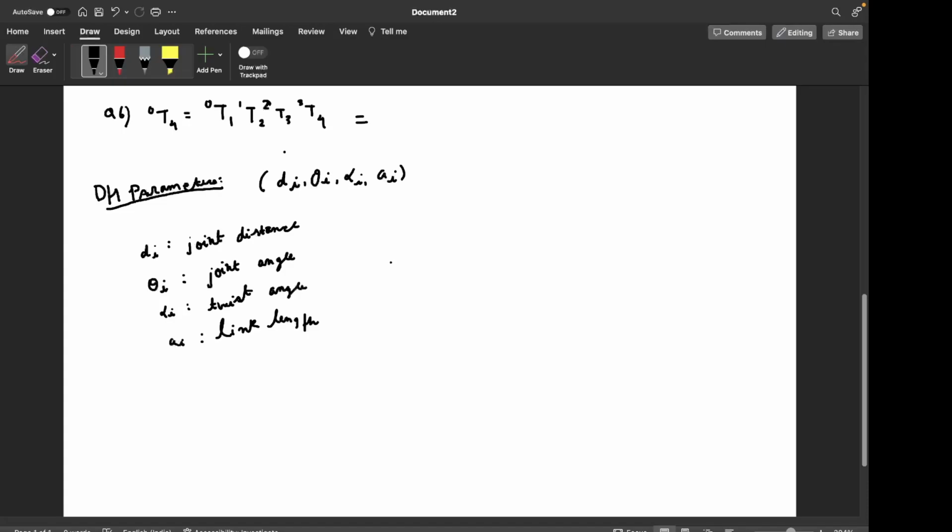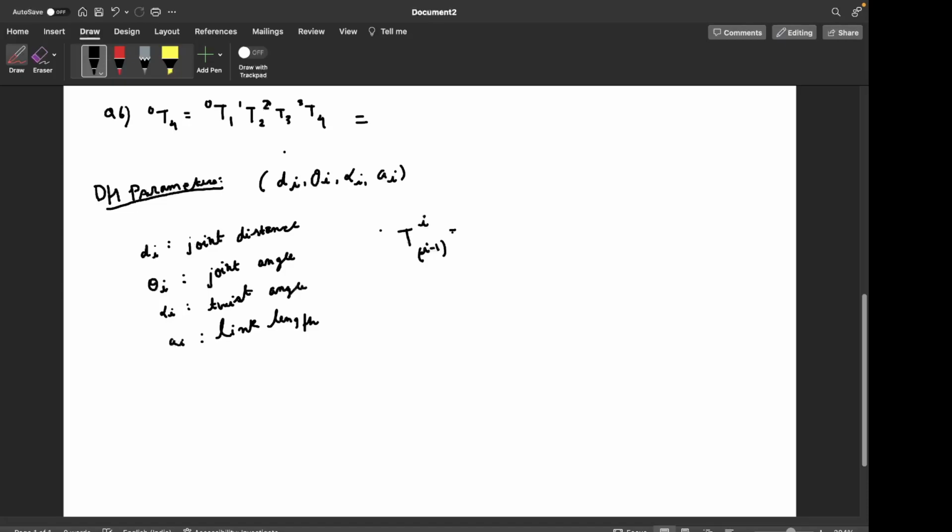Now let's say we want to write the transformation matrix of the ith frame from the i minus 1th frame. We are transforming to the ith frame from the i minus 1th frame.